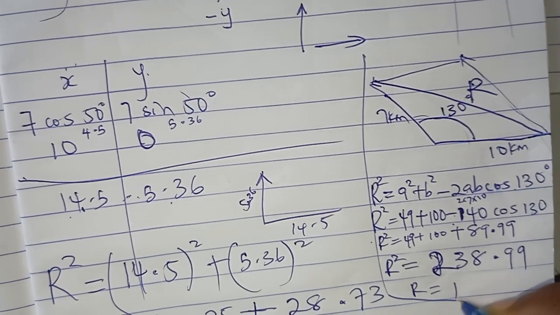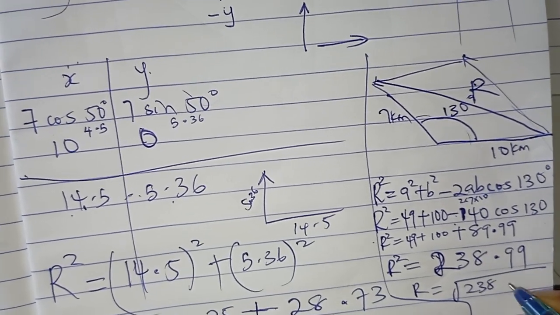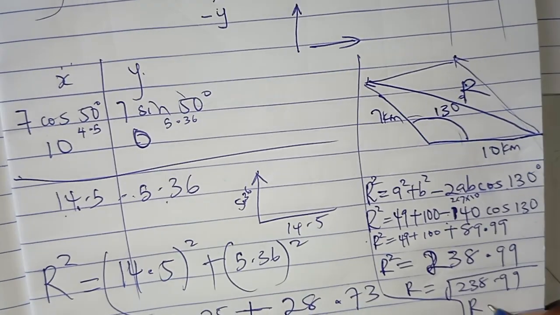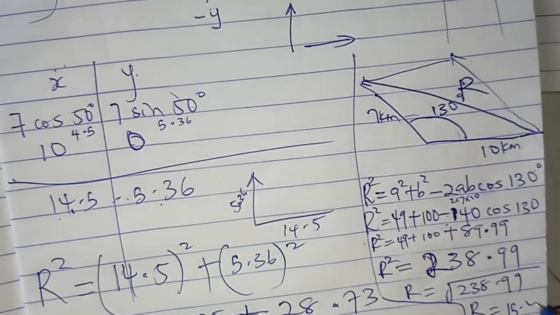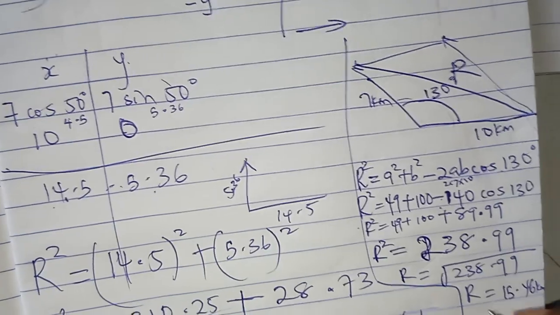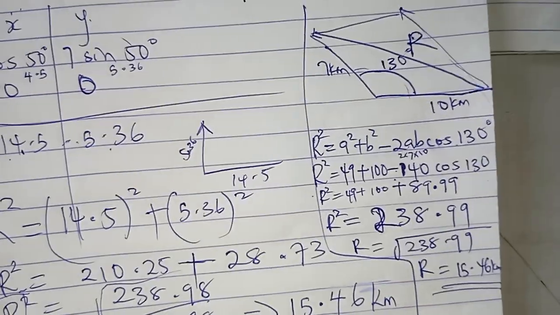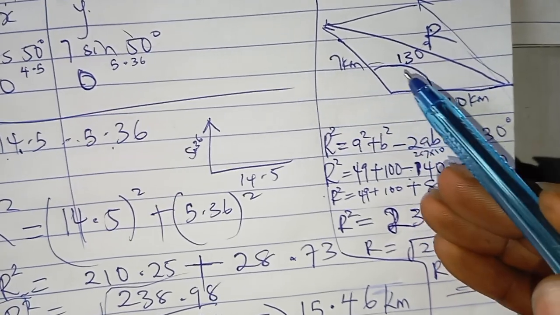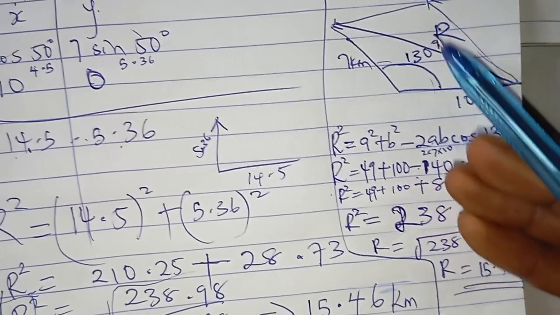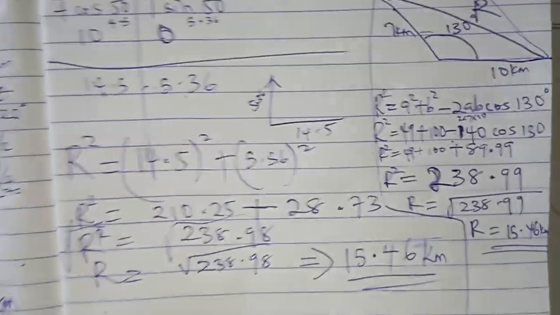So R is equal to the square root of 238.99, which is 15.46 kilometer. So this is the final answer. The problem that day in class is this: it must be the angle opposite the resultant.